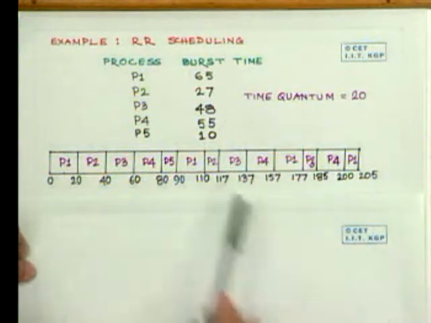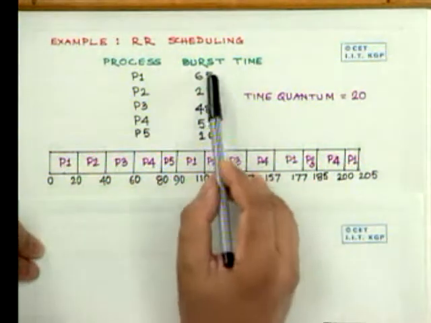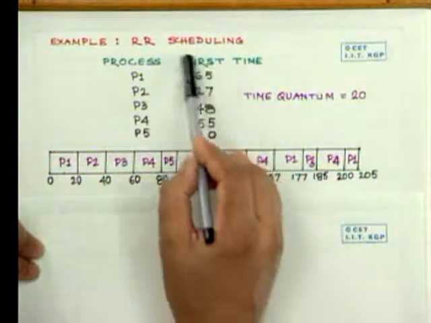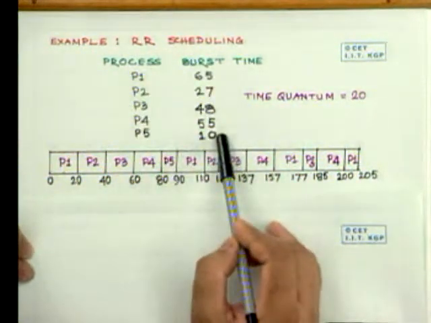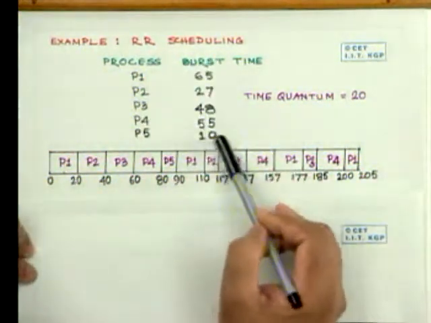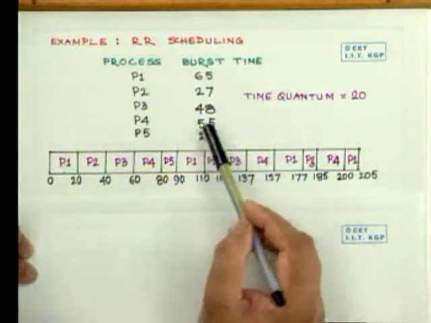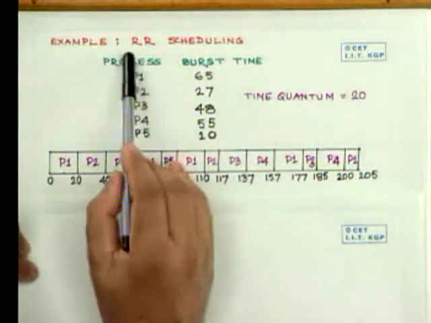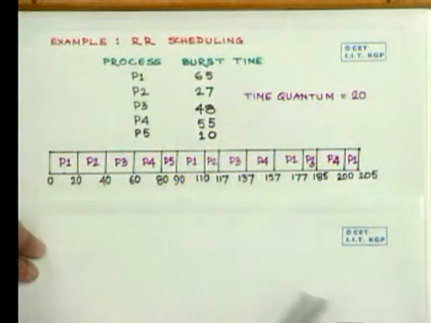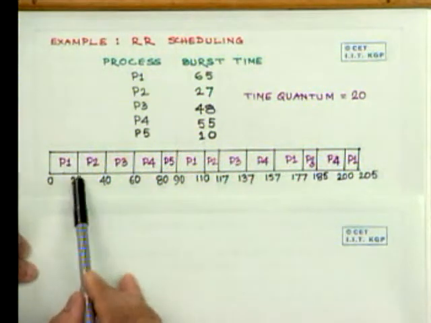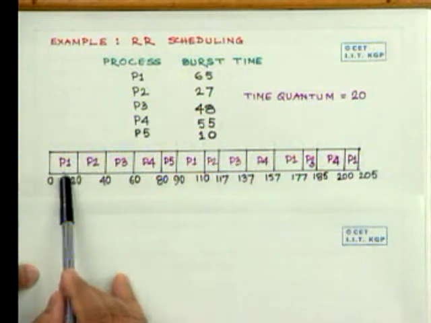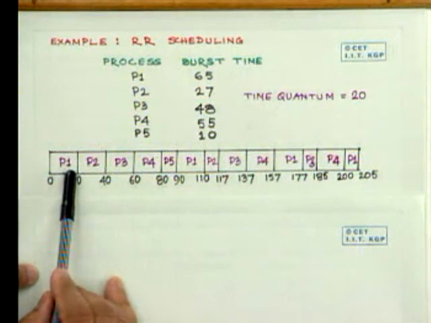Now, in the case of round robin scheduling, let us assume that all of them have come more or less together, which means all of them are contending for the CPU. Then P1 will be given the CPU first.